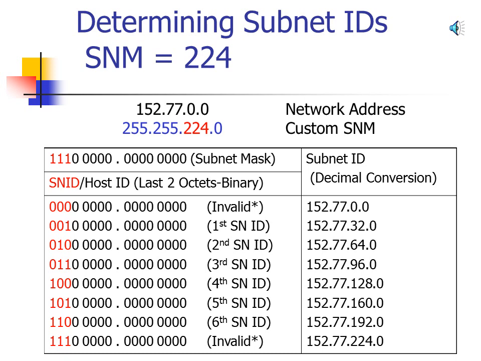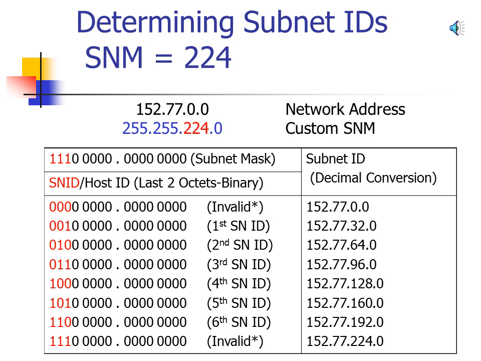When we convert these numbers to decimal, we have to convert the entire octet, not just the subnet ID portion of that octet. So when we take that third octet and convert it, in the case of the first subnet ID, we convert the octet 001, that's the subnet ID portion, but then we have to add the host ID portion, 5 additional zeros, to convert the entire octet to 32.